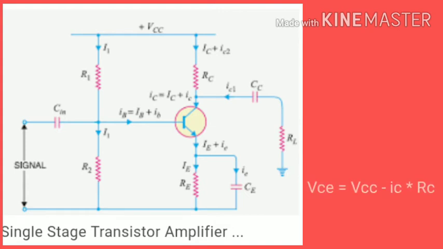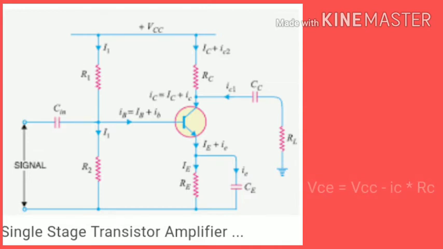Whatever supply voltage VCC we apply, that voltage is constant. Therefore, the output voltage across the collector terminal and emitter terminal, that is VCE, starts decreasing as per the above equation of VCE.